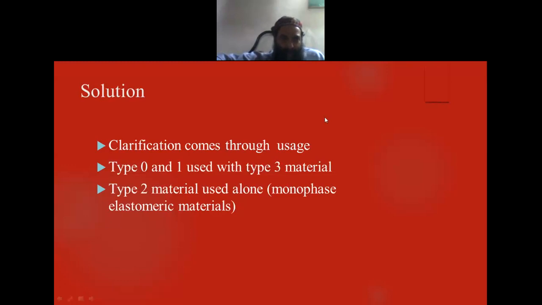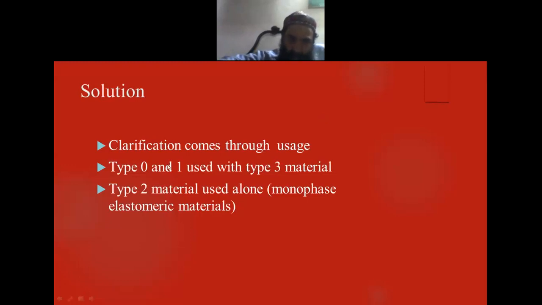Type 0 and 1 can be used with type 3 material, and type 2 material can be used alone in monophase, as they are also called monophase elastomeric materials.